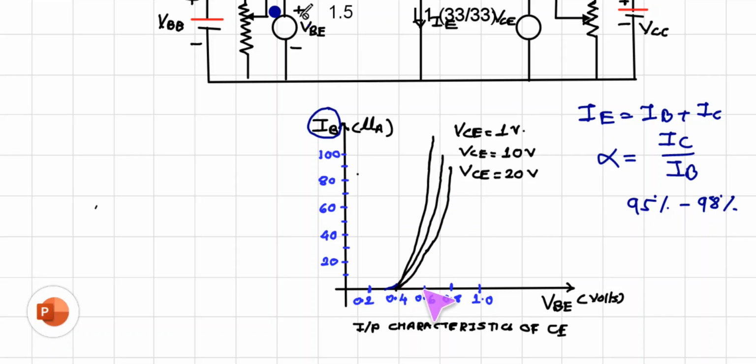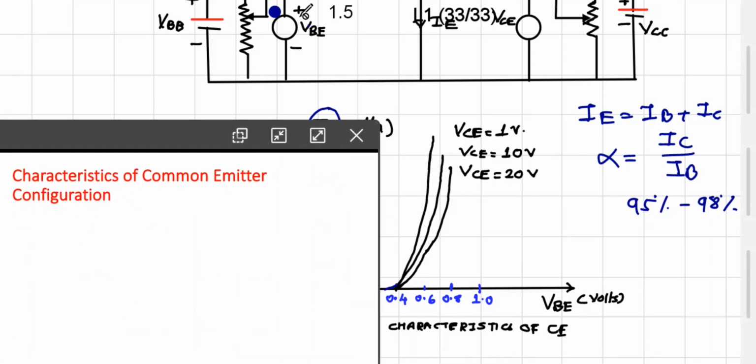So we can say that as we increase this, we find that IB is increasing, but you observe that for all these different values of VCE the curve is almost the same. So that means IB is independent of VCE, IB depends only on VBE. So here this is the input characteristics.